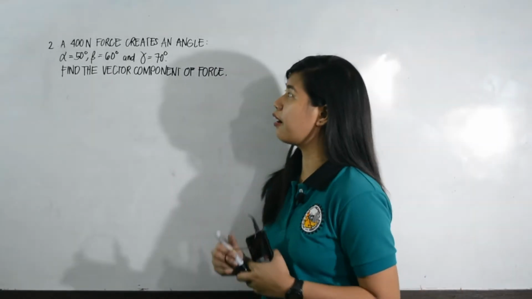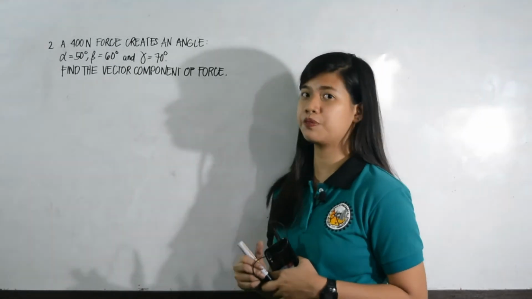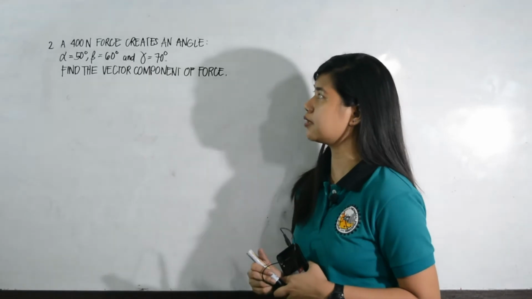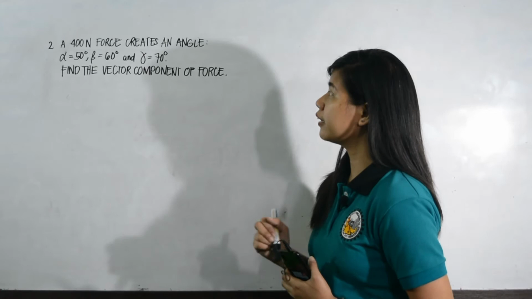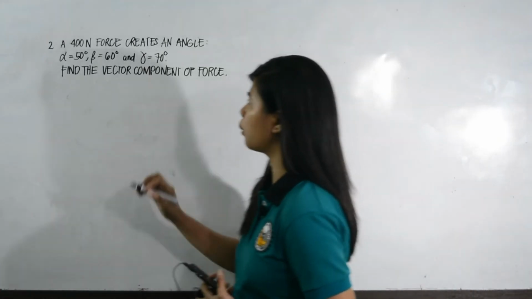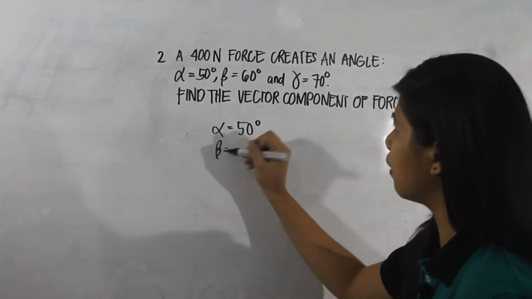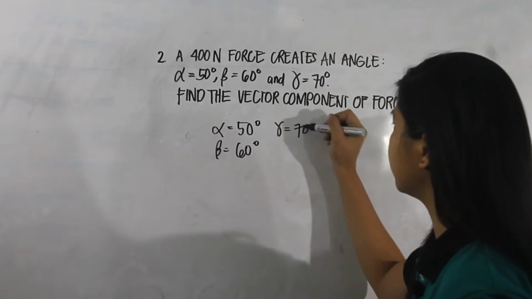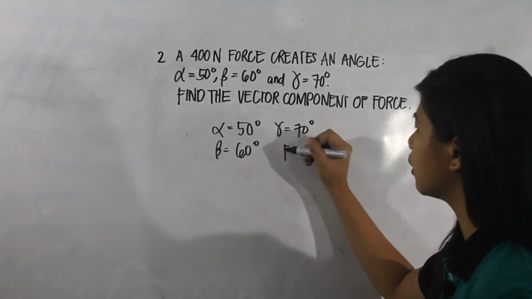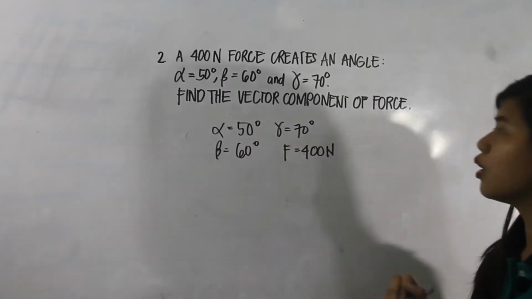Example number 2. A 400 Newton force creates an angle of alpha equal to 50 degrees, beta of 60 degrees, and gamma of 70 degrees. So, find the vector component of force. We have the force, which is 400 newtons.